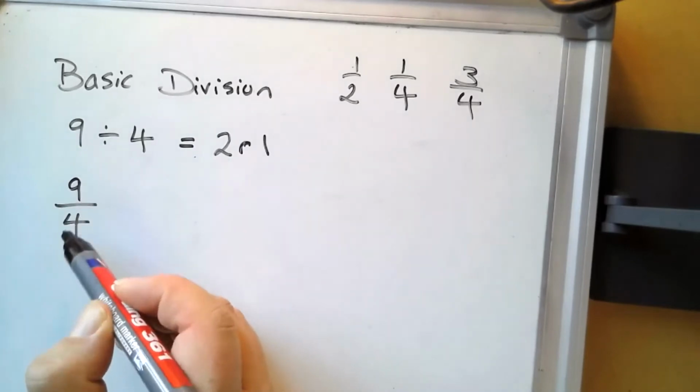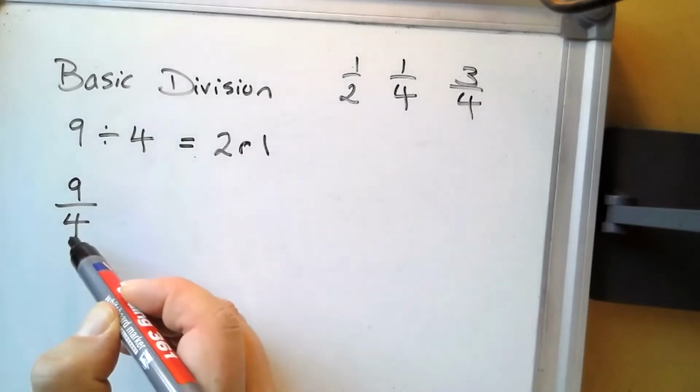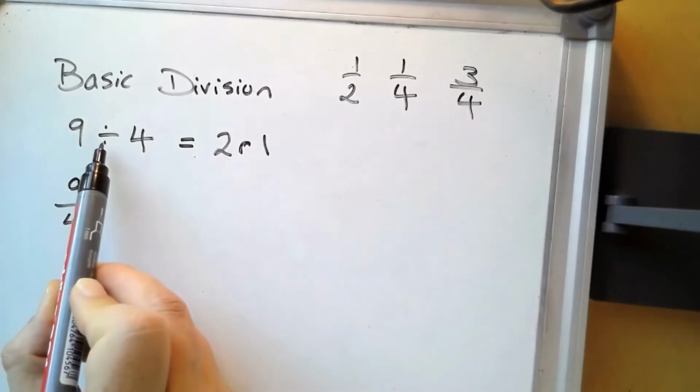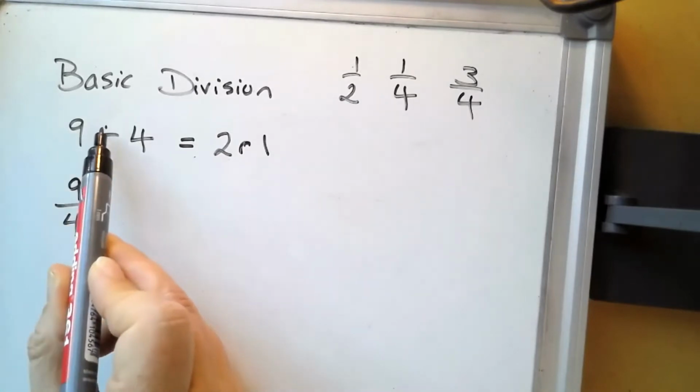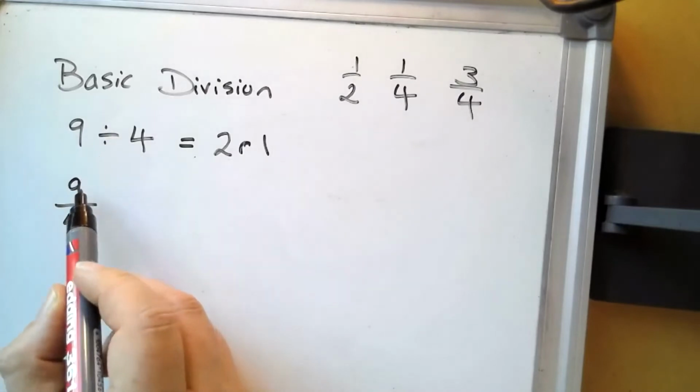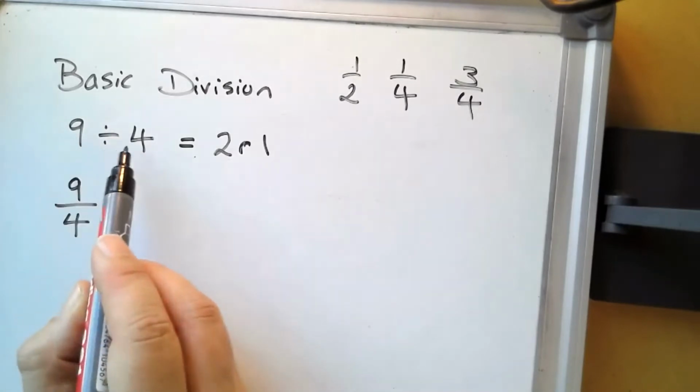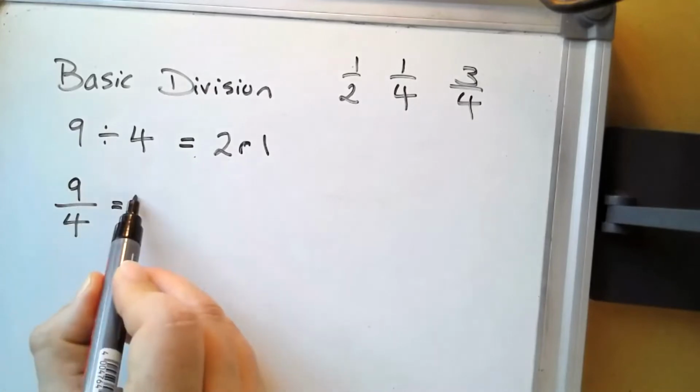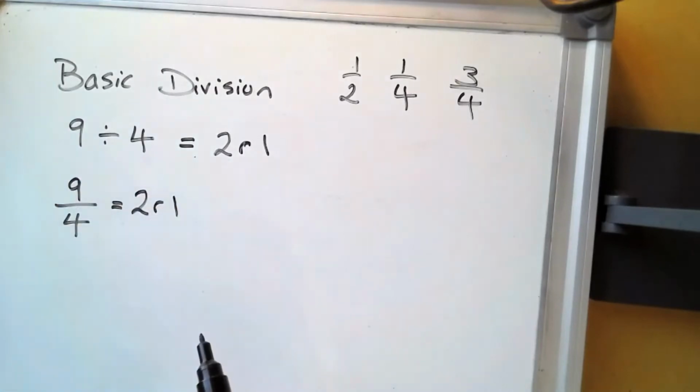What this actually says here is 9 divided by 4. It's exactly the same as if we put the division symbol here. You can see this looks a bit like a division symbol with a number at the top and a number at the bottom. And this is exactly the same. The answer to 9/4 is also 2 remainder 1.